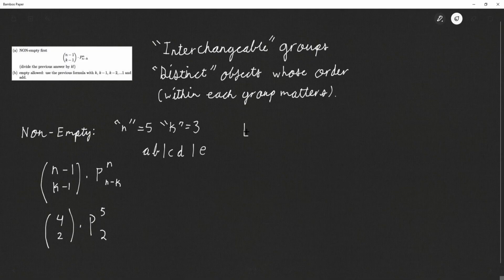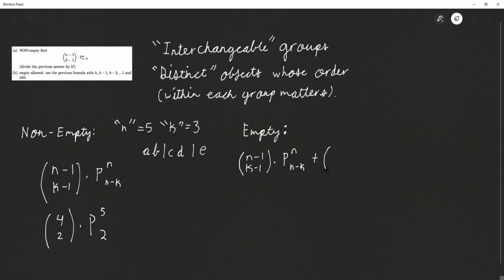And now we're going to change it to empty groups allowed. So the difference with this formula is it's going to be more of a sum function. Because as you see here, it says use the previous formula with k minus 1, k minus 2, all the way to 1, and then add. So what this means is if we have our same example as before, we're going to change it so that it would be n minus 1 choose k minus 1, multiplied by the permutations of n and n minus k, which is replacing the formula with k.